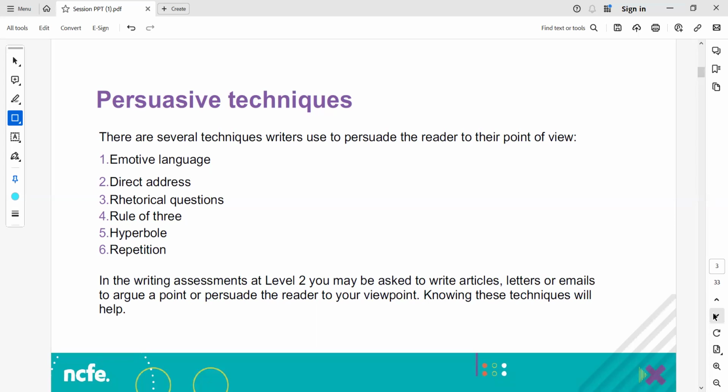In your writing assessment, you might be asked to write articles, letters or emails to argue a point of view or to persuade the reader of your viewpoint. So knowing these techniques will help you to do that.